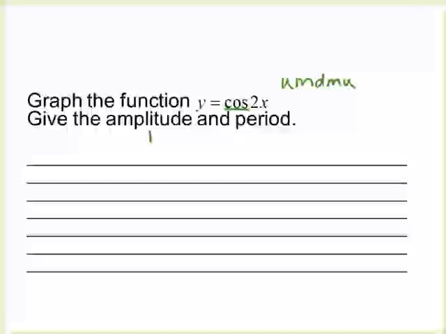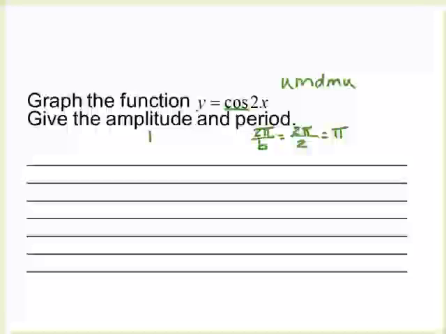The amplitude is a number in the very front of the equation, and there's no number there, so it's really an invisible 1. Period is always given by 2 pi divided by b, where b is what's with the x. So in this question, that would be 2, and 2 pi over 2 is pi.